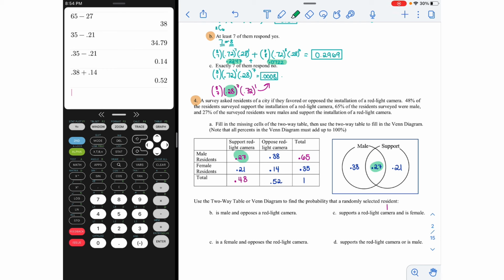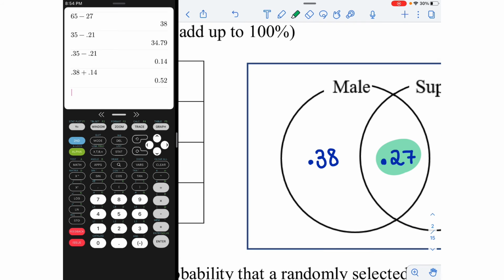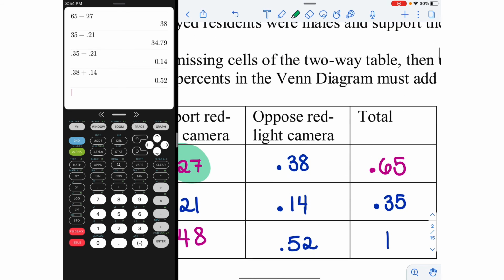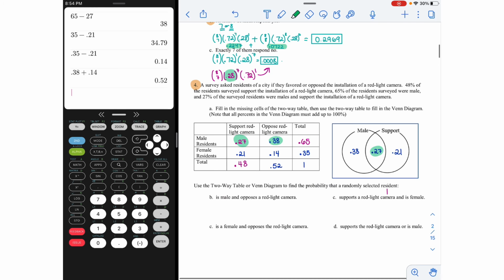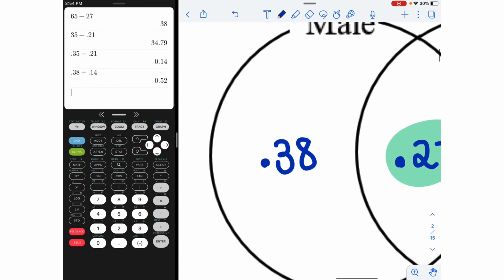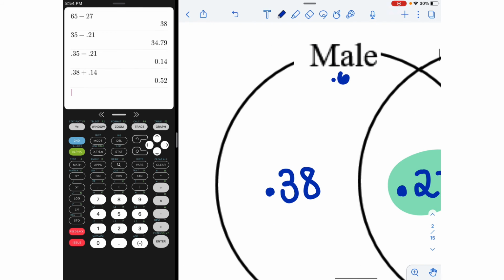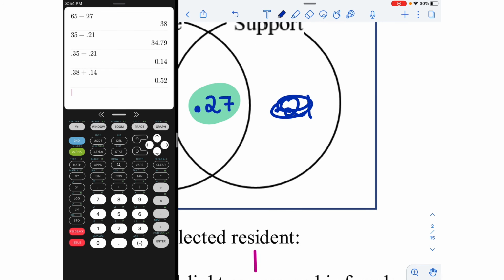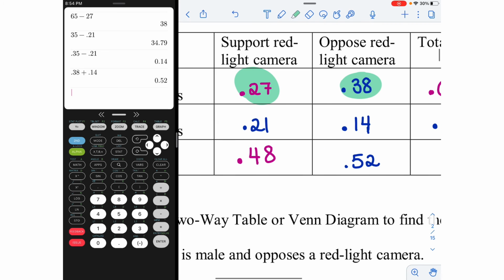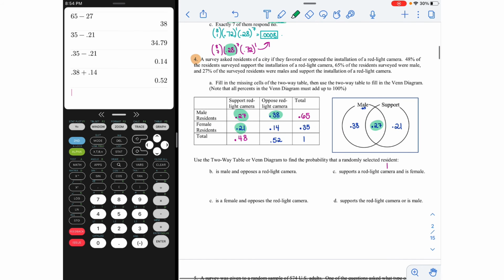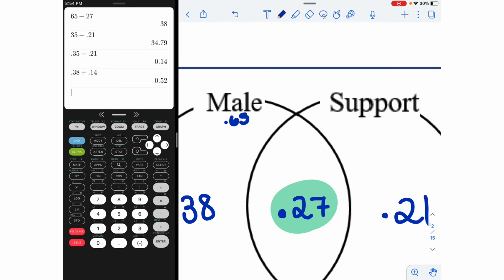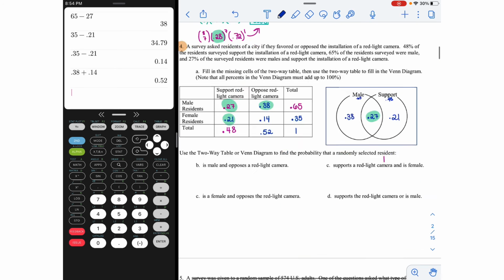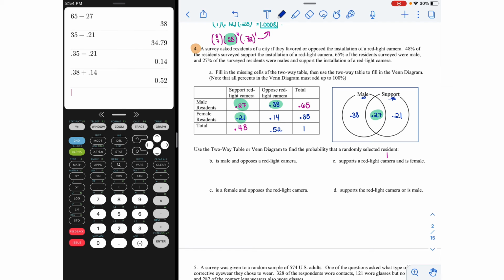If it's a male, but it's not overlapping with support, then that's males who do not support, so they oppose. And the grand total for males is going to be the 0.65. If they support, but they're not male, that would make them females who support. So that's where that 21% comes in. And people who support add up to 0.48. So this checks out nicely.